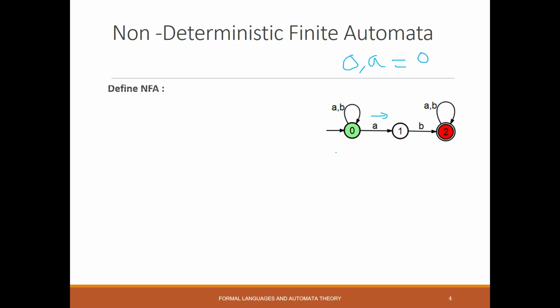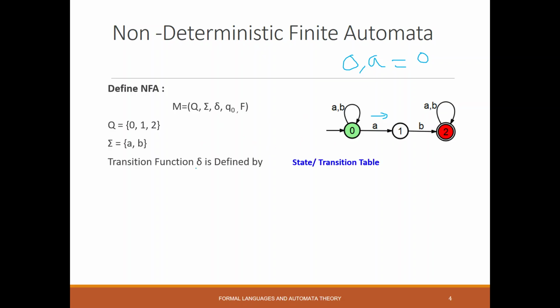Okay. Now consider this given diagram. Q is the three states 0, 1 and 2. Sigma, we have two inputs A and B, so it will be A and B. The transition function we can define as: from 0, I can use delta of 0 comma A, and I can move to 0 and also 1, right?